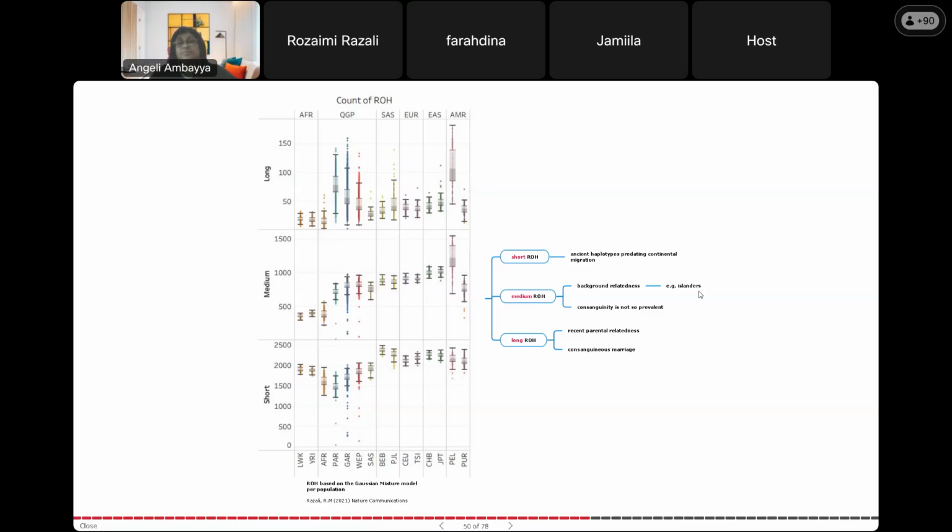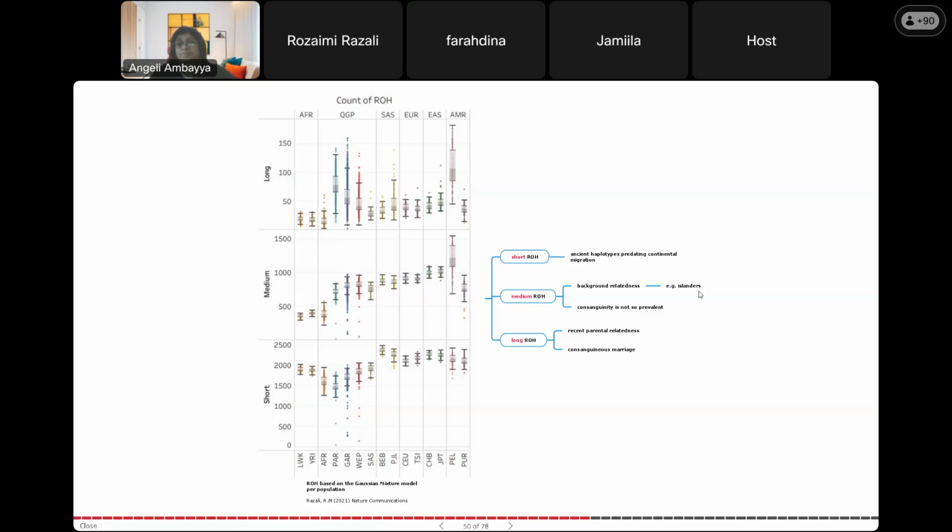At the same time, the further you are from Africa, the less ROH you will get. Then the medium ROH represents the background relatedness, and the long ROH represents the rate of recent consanguineous relationships.